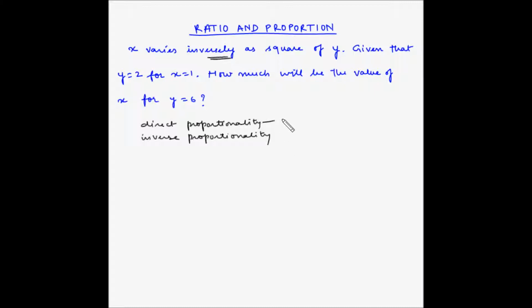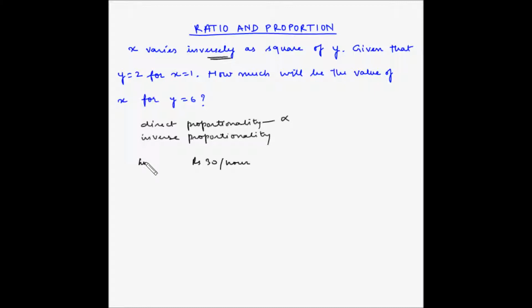Now the symbol for direct proportionality is this. So let us further understand these concepts. Let's take a quick example of direct proportionality. So let's say you are paid rupees 30 per hour for a certain work.